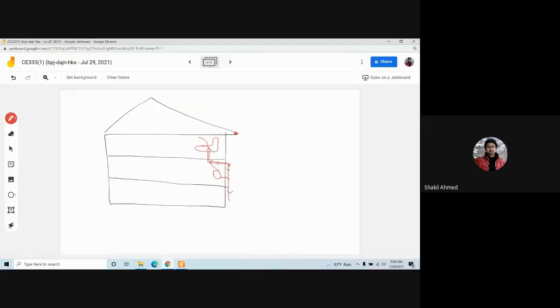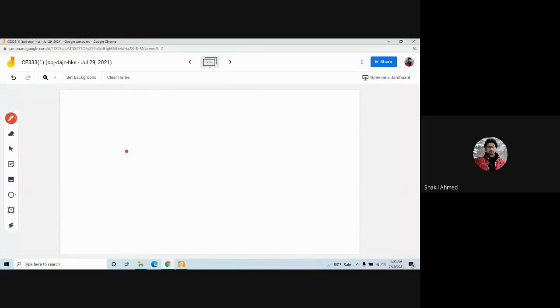As you know, in a water closet, if this is a water closet, then the pipe shape looks like this.